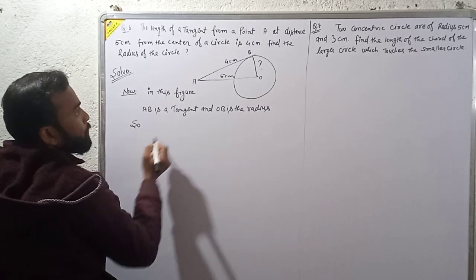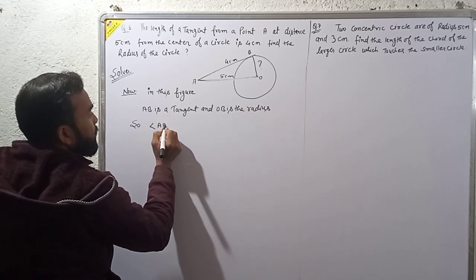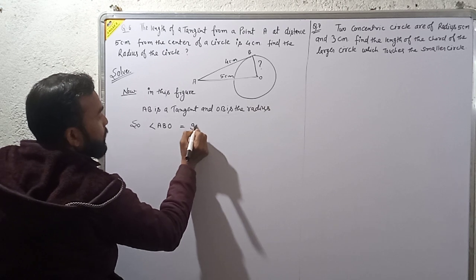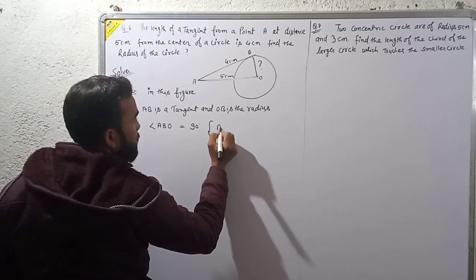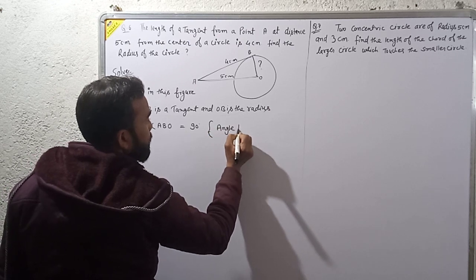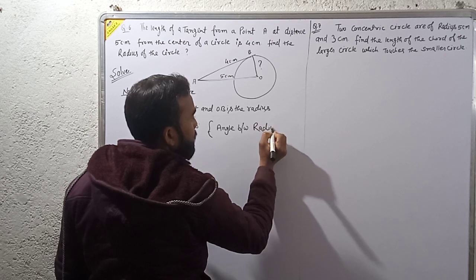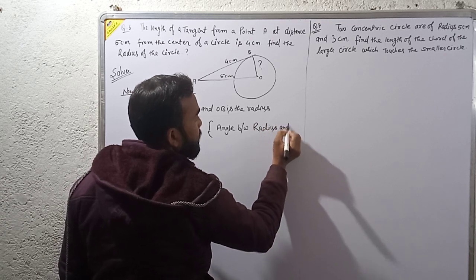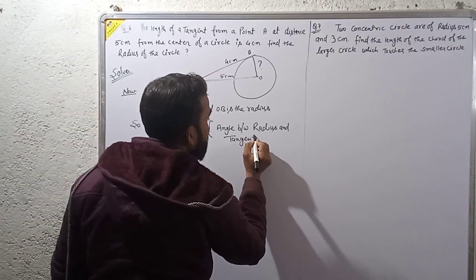So angle ABO is equal to 90 degrees, the angle between radius and tangent.